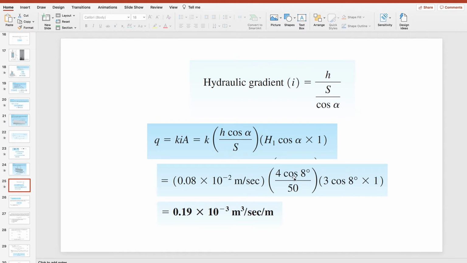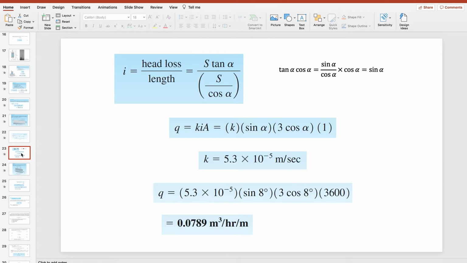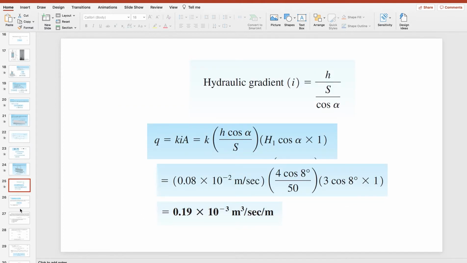H is 4 cosine 8 degrees divided by the S, which is 50. Times 3, our H sub 1, 3 cosine 8 degrees times 1. We no longer need to multiply by 3,600 because it is in seconds. Earlier, what we needed was in hours.